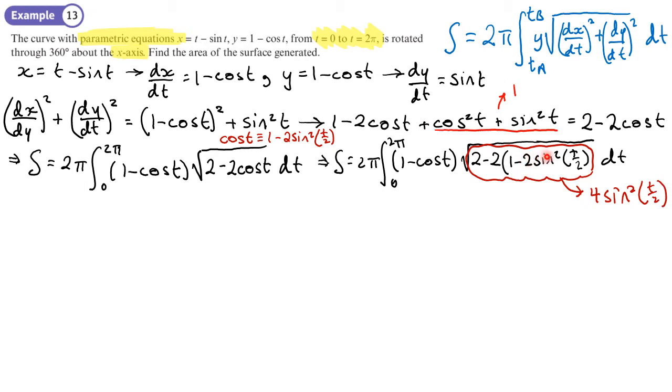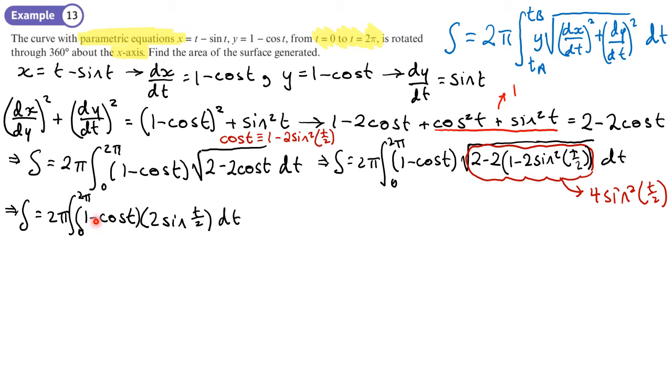Square rooted, and I've noticed I need another bracket here, it will become 2 sine t over 2. So this is what it will become in the next step. So s equals 2 pi, then 0 to 2 pi, and we've got 1 minus cos t, and that will get times by 2 sine t over 2 dt.